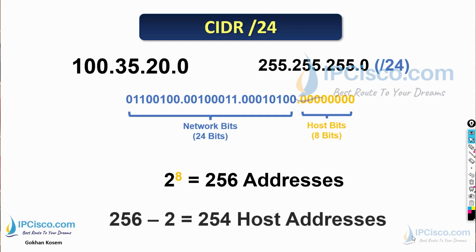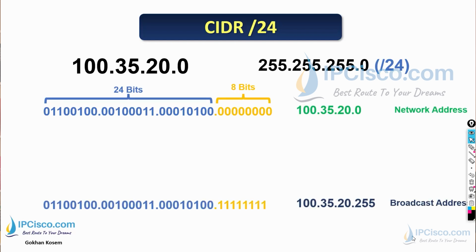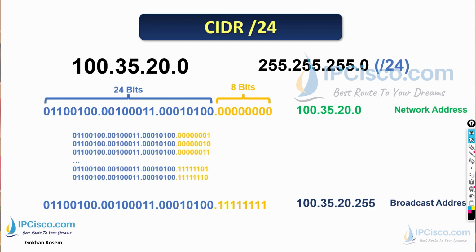When we subtract 2 from this value, we find the available host addresses, 254. As you can see, the first one is the network address and the last one is the broadcast address. In the network address, all host bits are zeros, and in the broadcast address, all host bits are ones. And the addresses in the middle are host addresses.